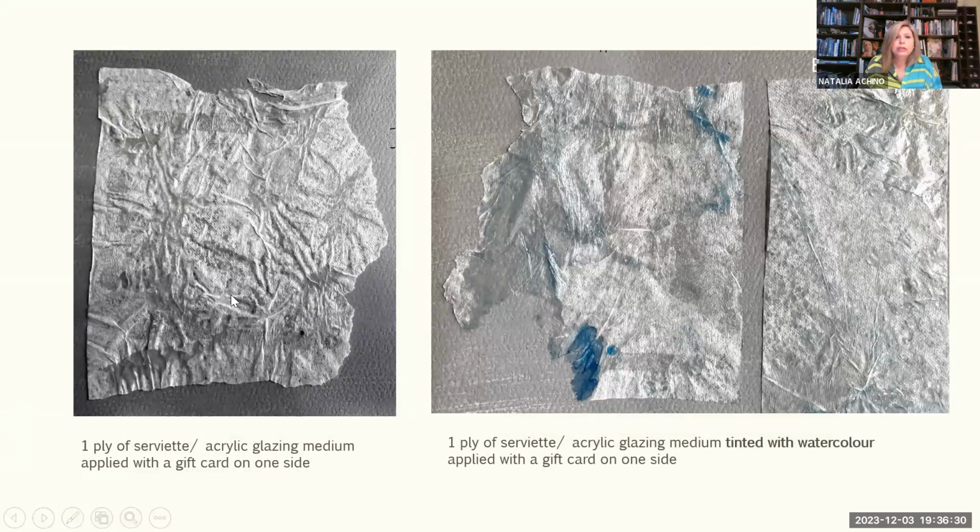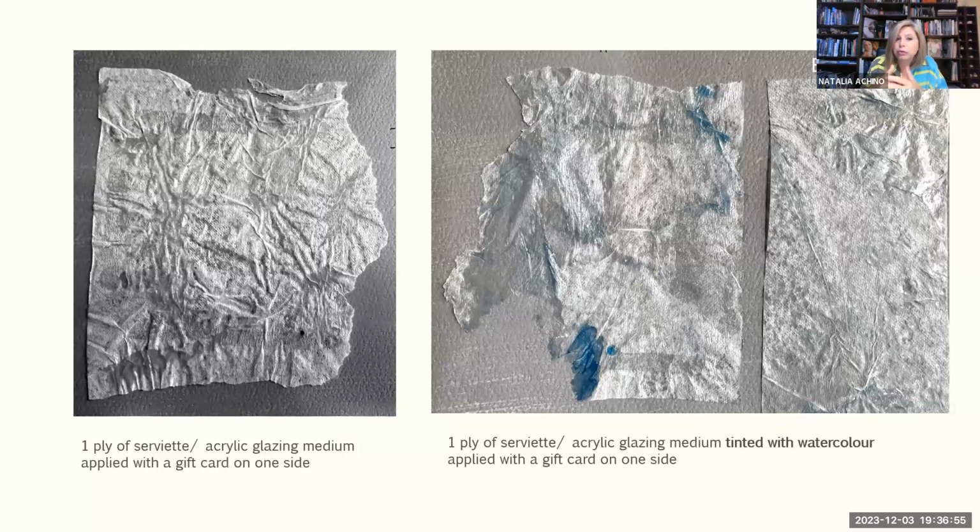And it's very interesting to see when you change the paper, the serviettes have a little bit of texture in themselves. So when you apply the acrylic glazing medium, it has totally different patterns and textures. And this one was applied not with a brush, but with an old gift card on only one side of the paper.